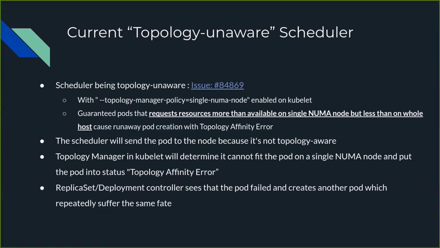The scheduler will basically send the pod to the node, and topology manager will reject it, which leads to a topology affinity error. If the pod is part of, say, a deployment or a replica set, that would continue to happen because it would continue to suffer the same fate.